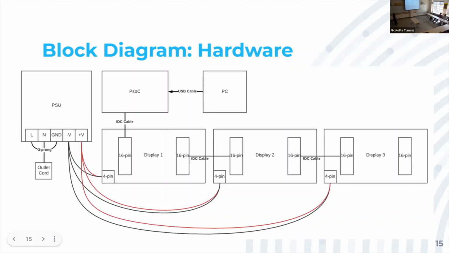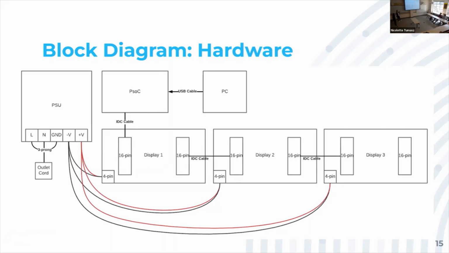So here's our hardware. Obviously this is not to scale, as our power system is not that much bigger than our display banners. These 3 long rectangles here are our displays, and they all have 16 bits of input and outputs on each panel. That allows us to connect each of them together with the I2C cable.